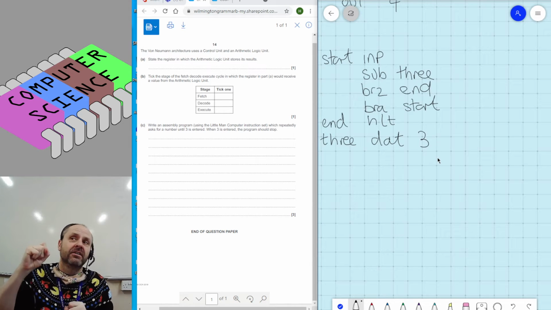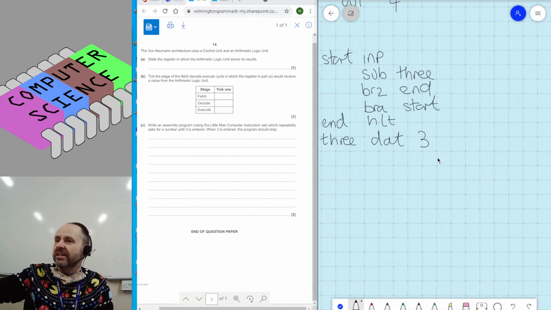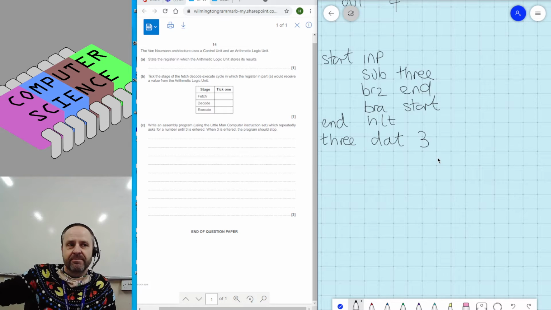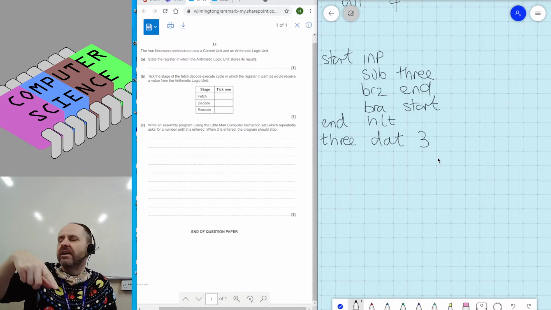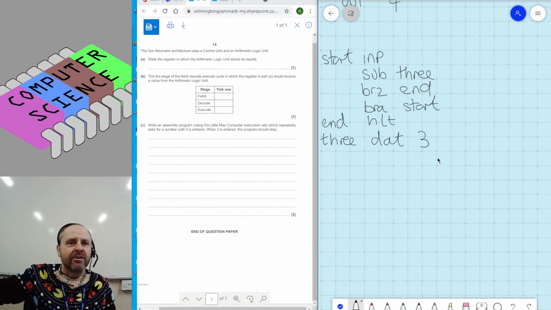It's not stored in RAM, fair enough, but it's actually stored. The register, the accumulator, is storage. It's just CPU storage. You only store things if you need to. If you just need it as a throwaway, and in this one it just keeps asking them to input something until they get the right number, then we don't need to store it, do we?